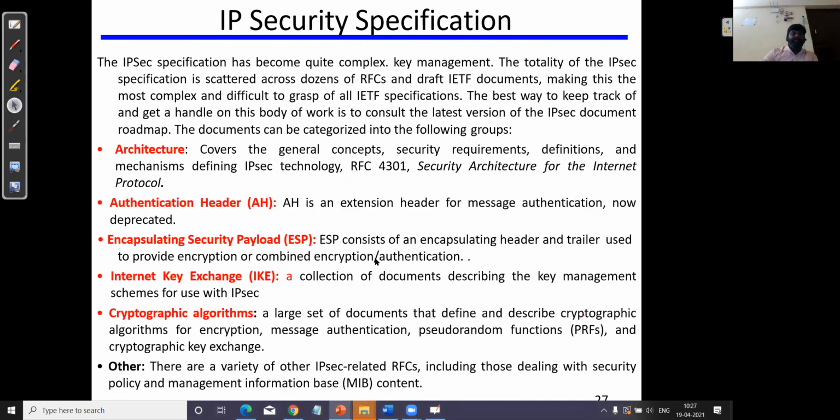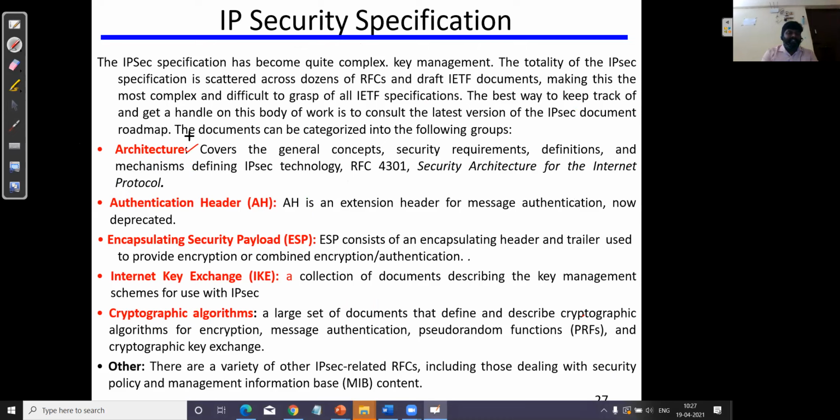Right? I was talking about the documentation overview of IP security, right? So these are the quick different functionalities which are mentioned in the components of the IP security documentation overview.